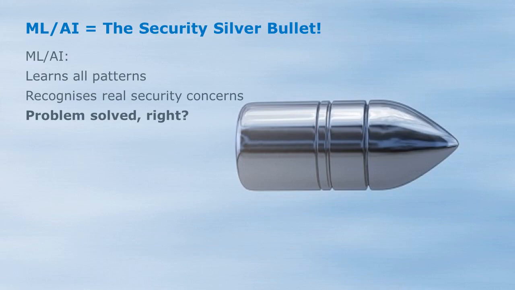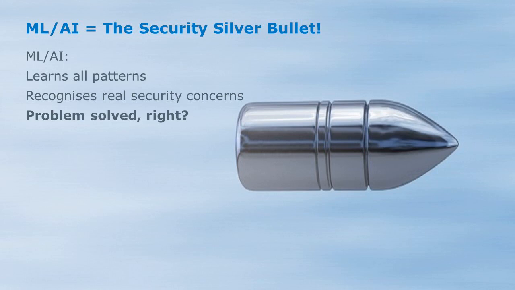So let's talk a little bit then about the hype and the reality. You can almost say it's perhaps a little bit similar to the early days of AI and ML in the 50s and 60s. This is really exciting, it's cool, but is ML AI going to be the security silver bullet for us?